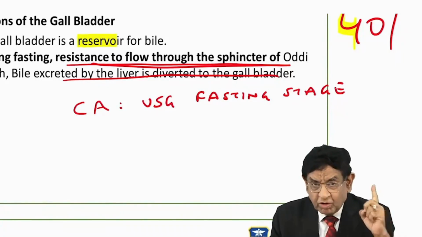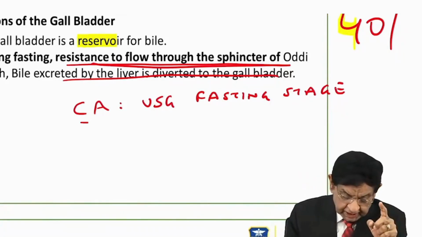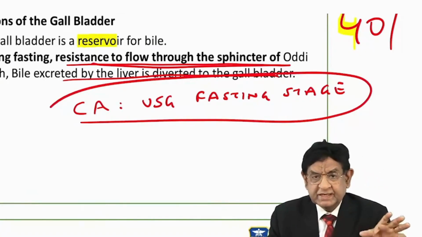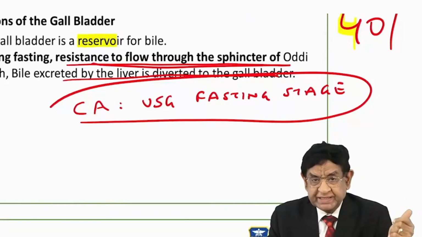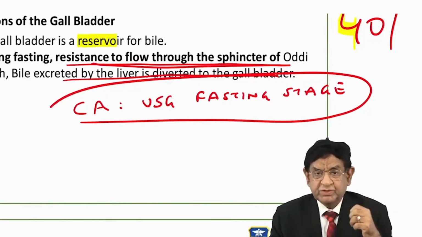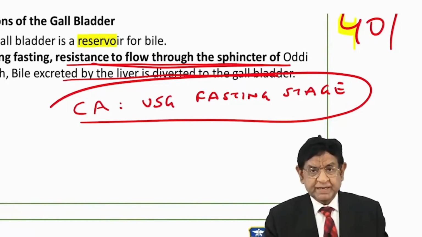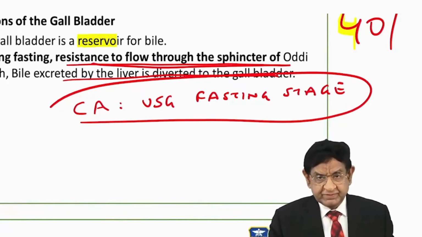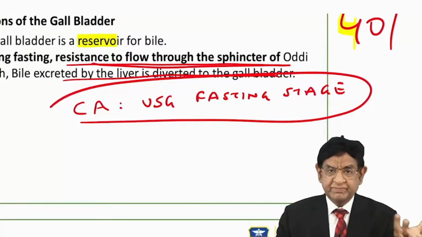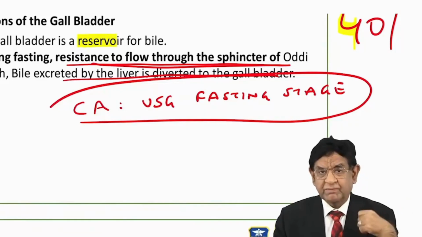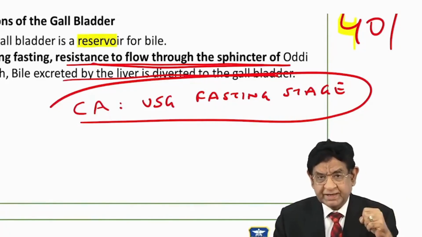Always remember this, the golden line. You have to tell the patient to come on an empty stomach, not even a cup of coffee or tea. With the result, the gallbladder will be fully distended and it will be good for the ultrasonographer to look into the gallbladder. This is the clinical application.